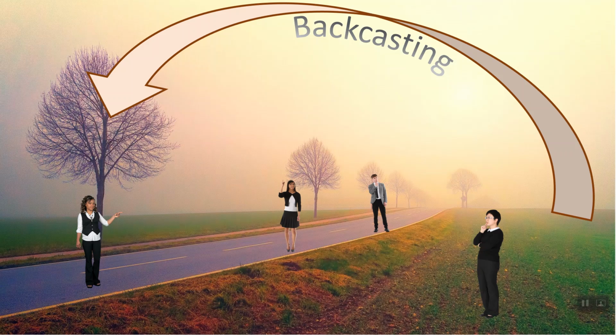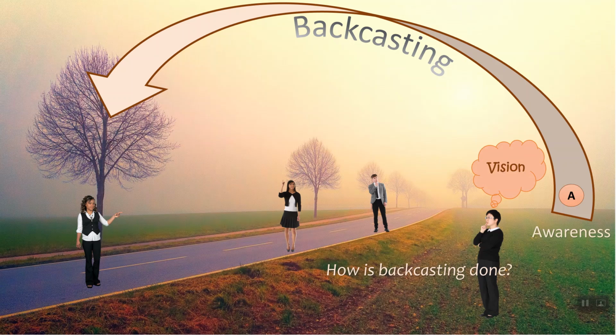So, how is backcasting done? The first step in the process is to be aware of the impact that we are having in terms of resource use and abuse, whether materials, energy, water, or people, and develop a vision for where the organization wants to be.